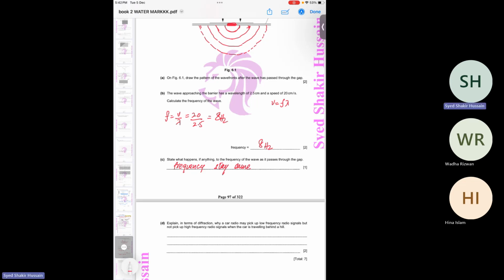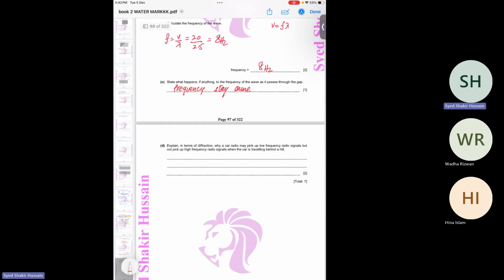Explain in terms of diffraction why a car radio may pick up low frequency radio signals but not pick up a high frequency radio signal when the car is traveling behind a hill. Basically, diffraction is more when the wavelength is more. Longer the wavelength, more will be the diffraction, isn't it?